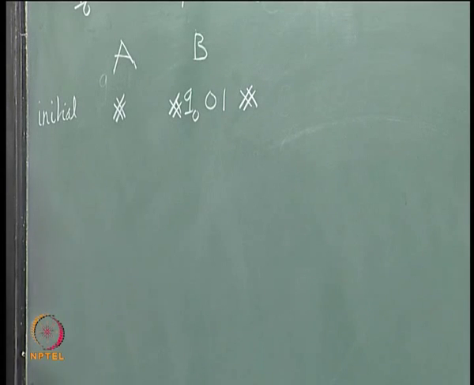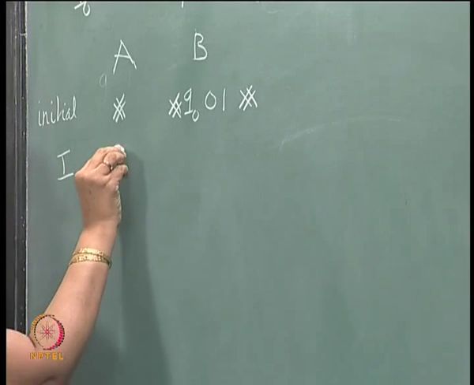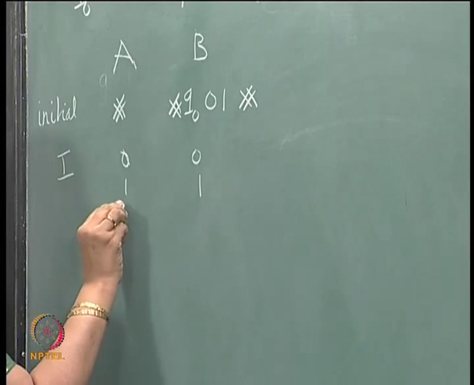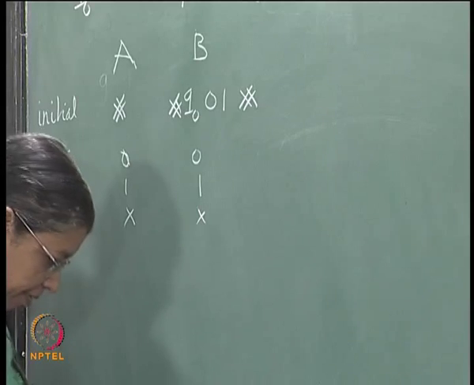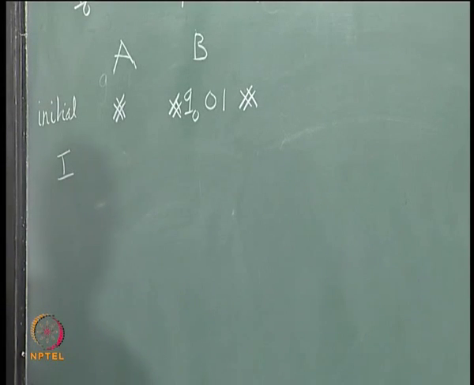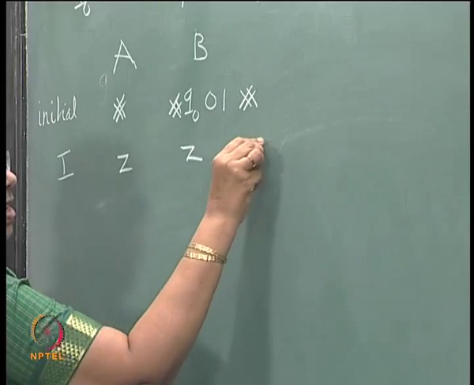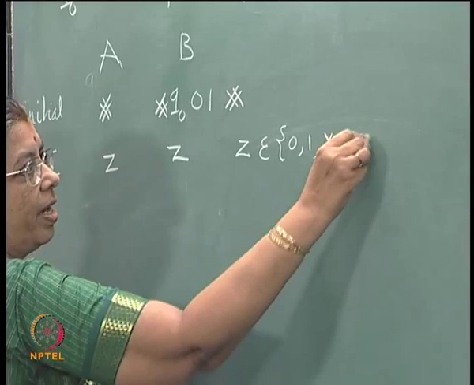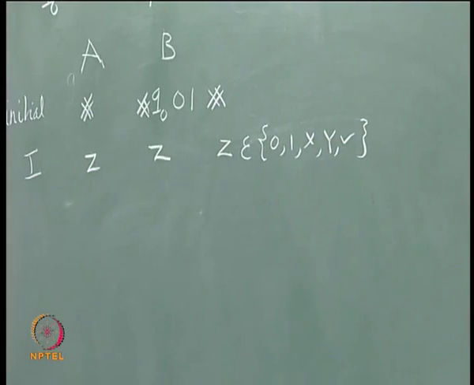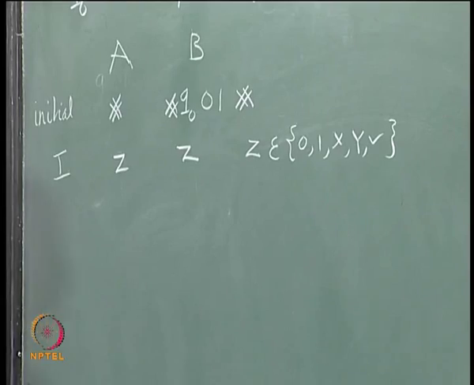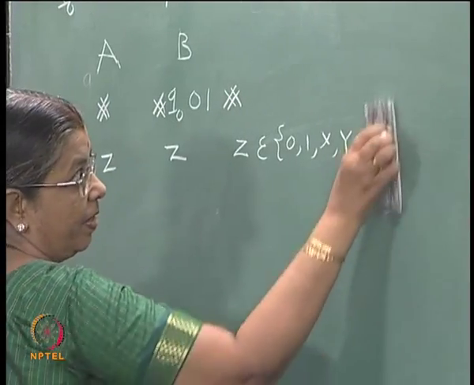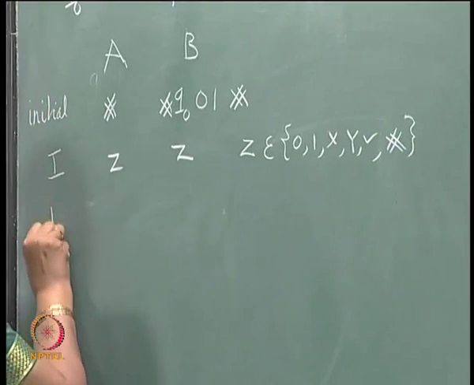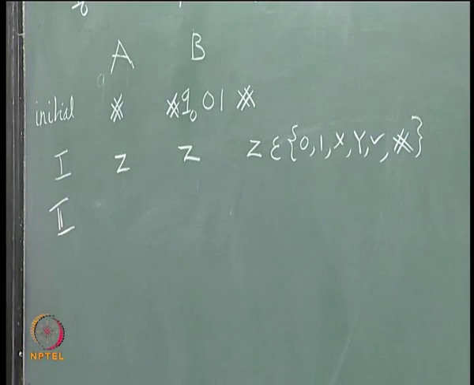Then group 1 will have every symbol: if you have a 0, you have a 0, if you have a 1, you have a 1, an X, an X, and so on. So I will rather put it as Z, Z, where Z can belong to 0, 1, X, Y, tick mark, and the hash, hash pair I left out.